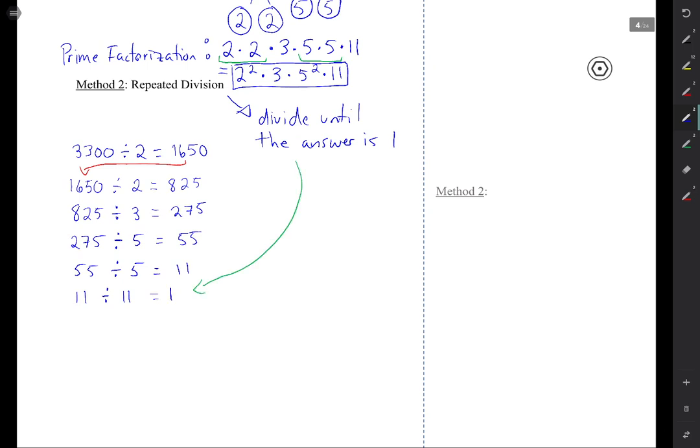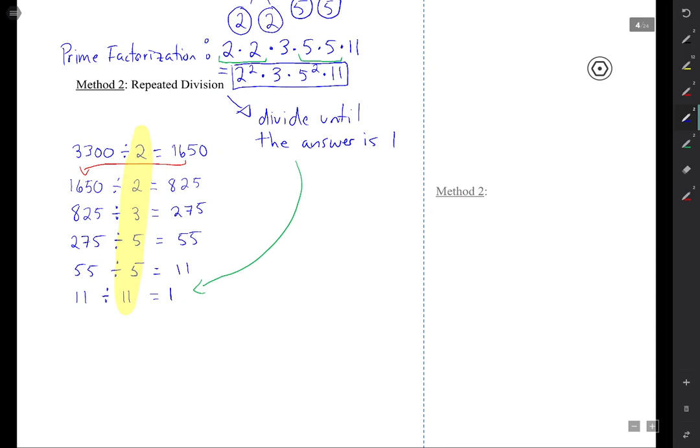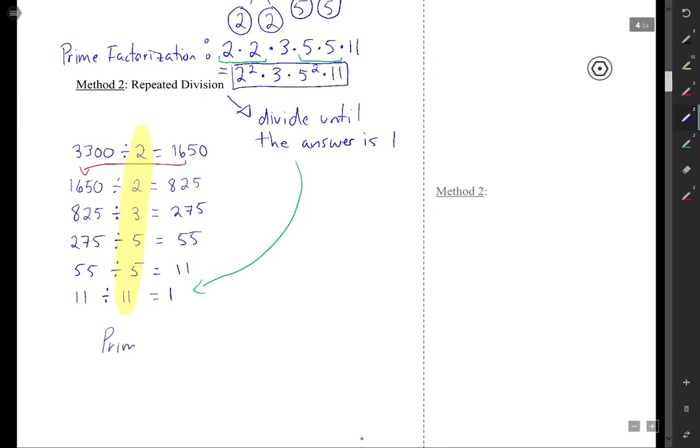So now when we're looking at the prime factorization here, we're going to look at all of these numbers that we ended up dividing by. Those are our prime factorization numbers. And if you look above, they match the numbers that we got by using the factor tree. So the prime factorization, again, is exactly what we got above.